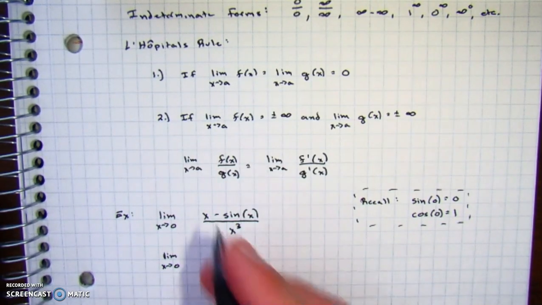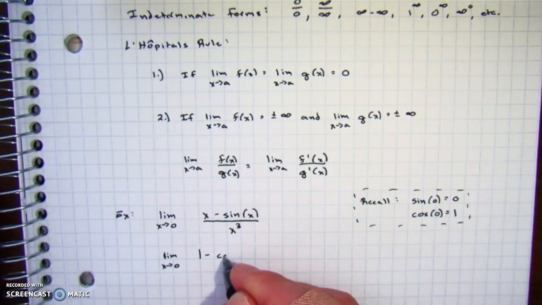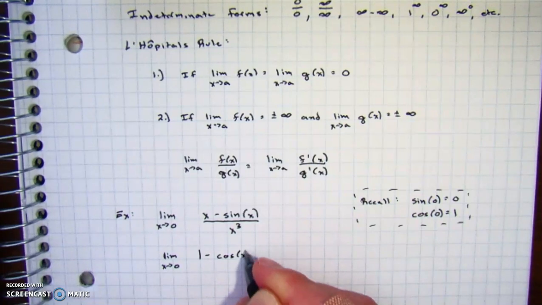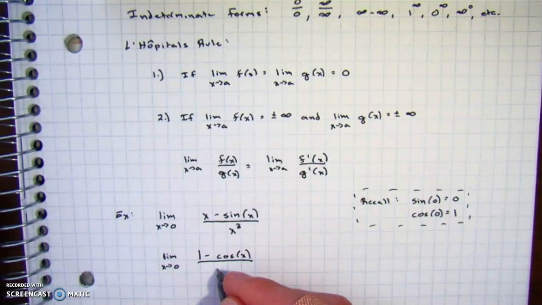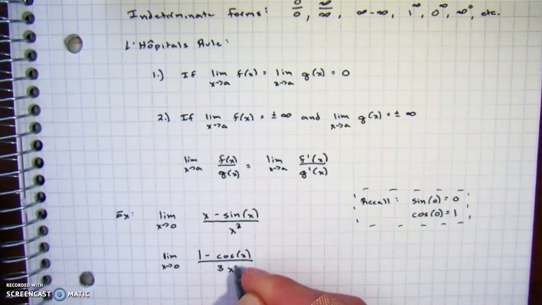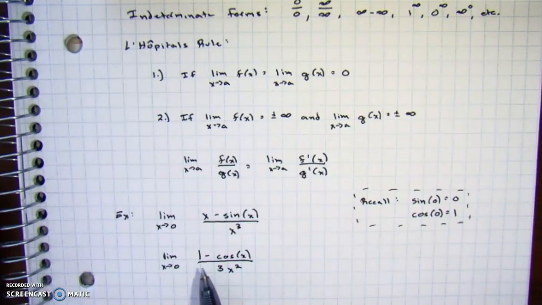The derivative of x is just 1. The derivative of sine is cosine, all over 3x squared.